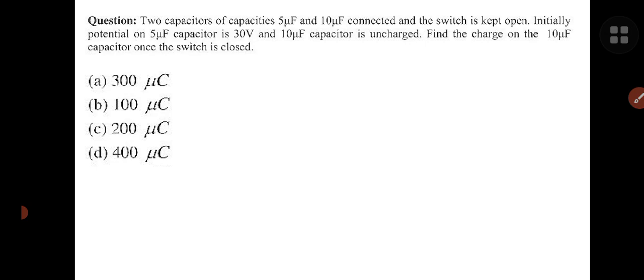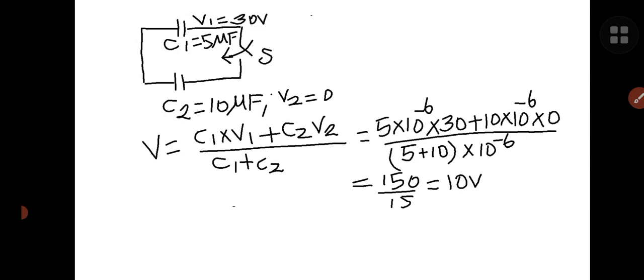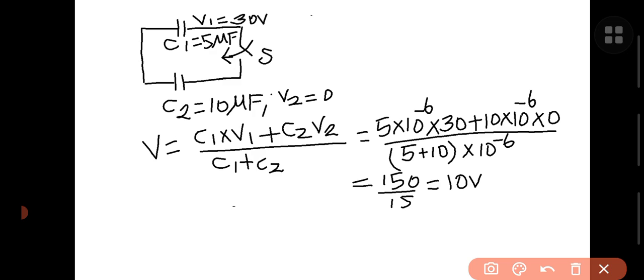Let's find the answer. From the problem statement, we can draw the diagram. Two capacitors, in between them a switch is connected. Here is the switch.